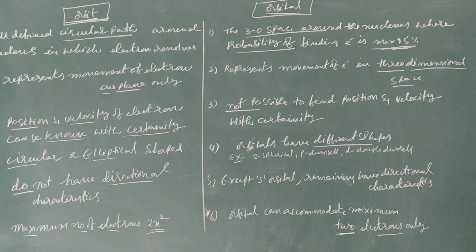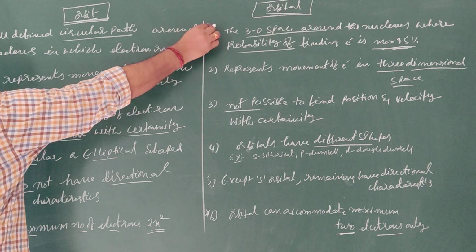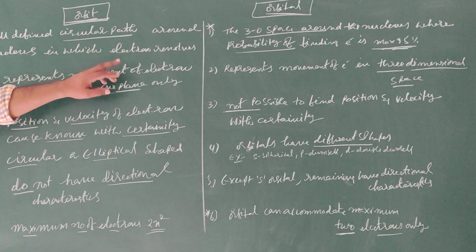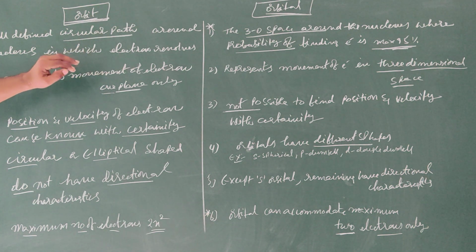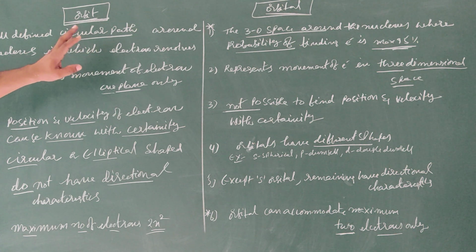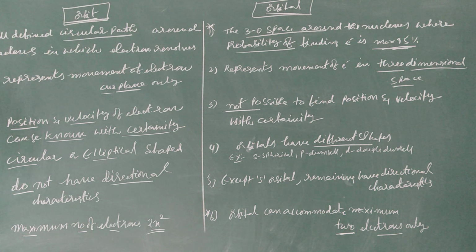Orbital is the three-dimensional space around the nucleus where the probability of finding the electron is maximum, around 95%. This is an important definition.